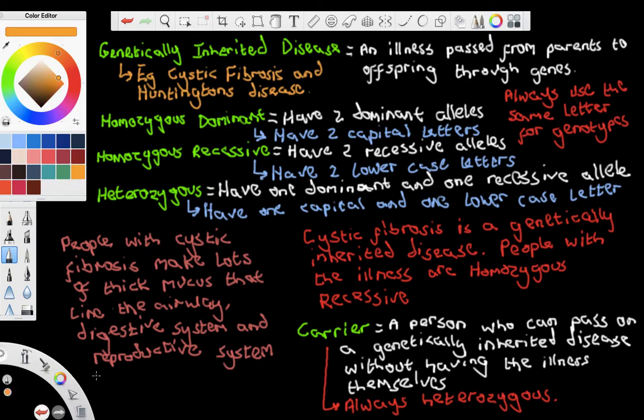So we can say underneath here, if I can fit it, illnesses caused by dominant alleles can't have carriers.